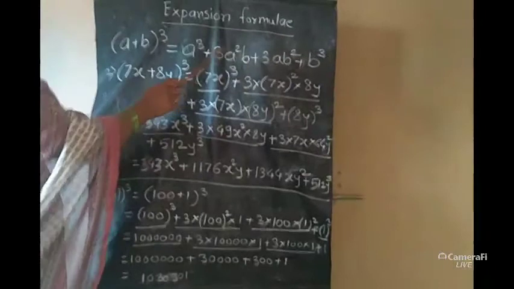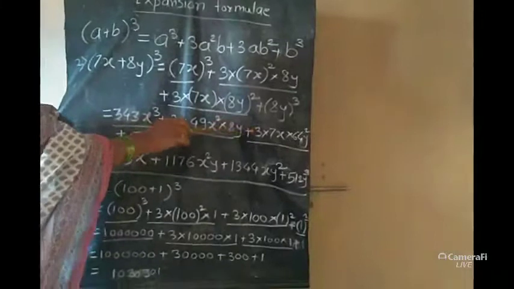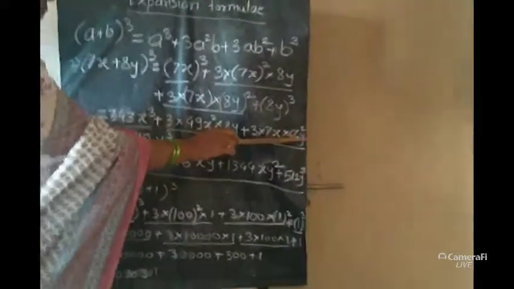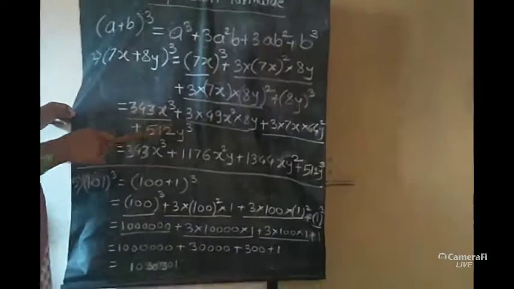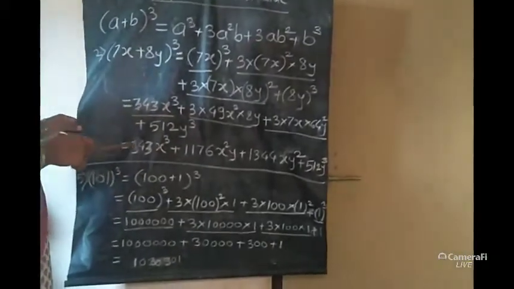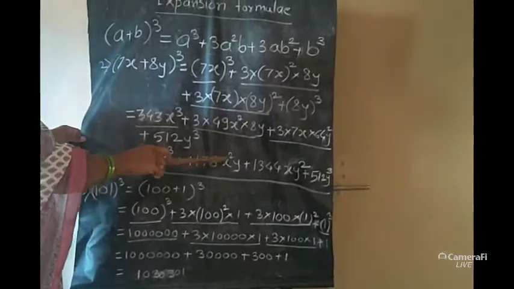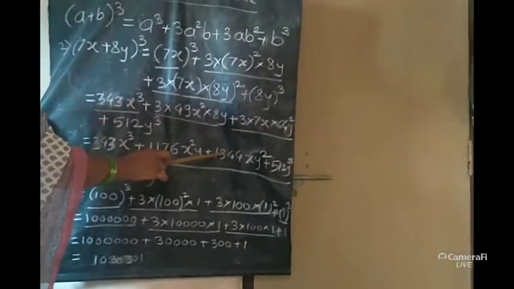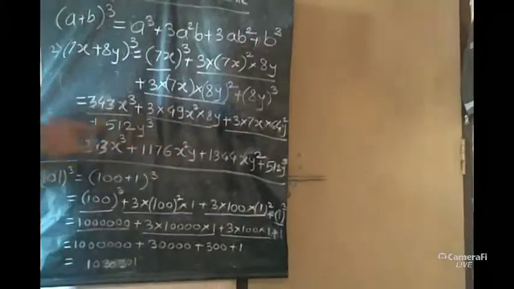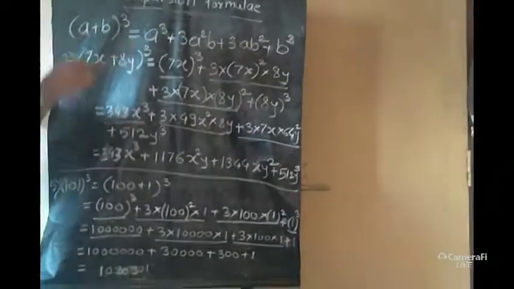Now we have to find the values of these index numbers. The cube of 7x means 343x³, plus 3 into 49x² into 8y, plus the third term 3 into 7x into 64y², plus (8y)³, whose value is 512y³. Now we multiply these terms and find the final answer: 343x³ plus the second term 1176x²y, plus the third term 1344xy², plus the fourth term 512y³.